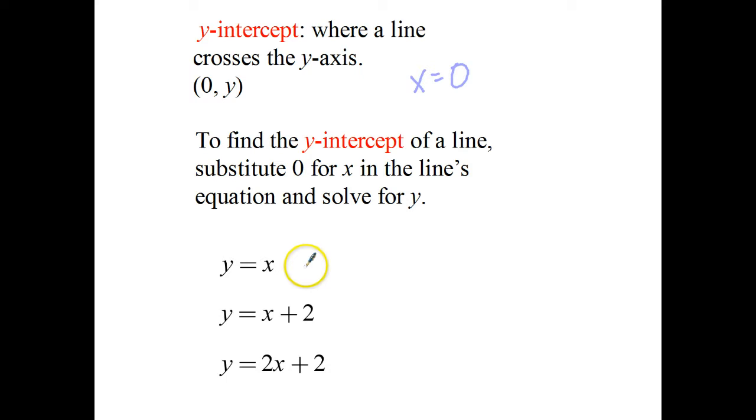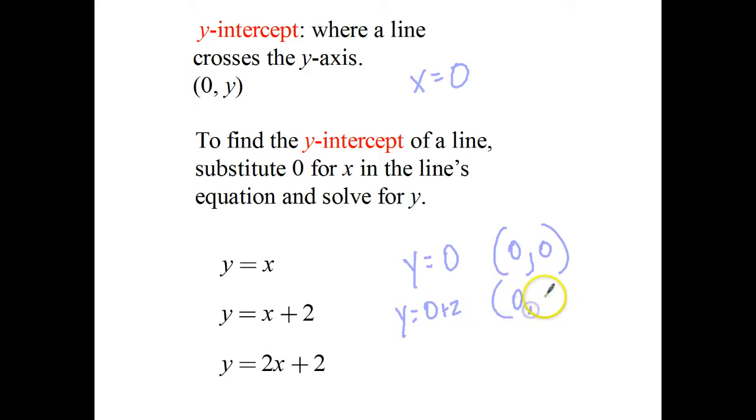All right, so hopefully what you did is you said, if I plug in 0 in this first one, y is equal to 0. So my y-intercept is going to be (0, 0). It's where this line will cross the y-axis. Well, let's try this one. It's y equals 0 plus 2, so you're going to end up with (0, 2).